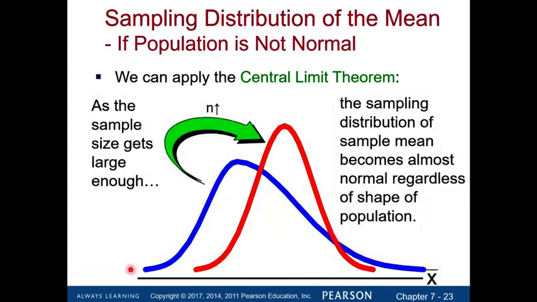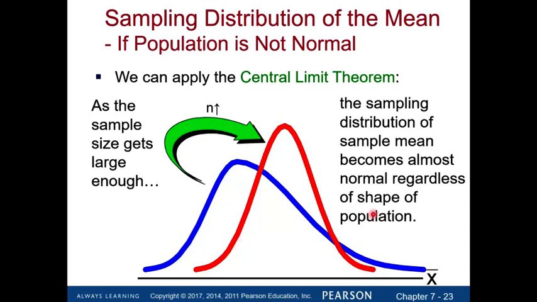If you take a look at this curve, this blue line represents the population distribution, and as you can see, the population distribution is not normally distributed because it is right skewed, and you can see a longer right tail right here. However, if you take the sampling distribution from this population distribution, and as the sample size gets large enough, the sampling distribution will look like a normal distribution.